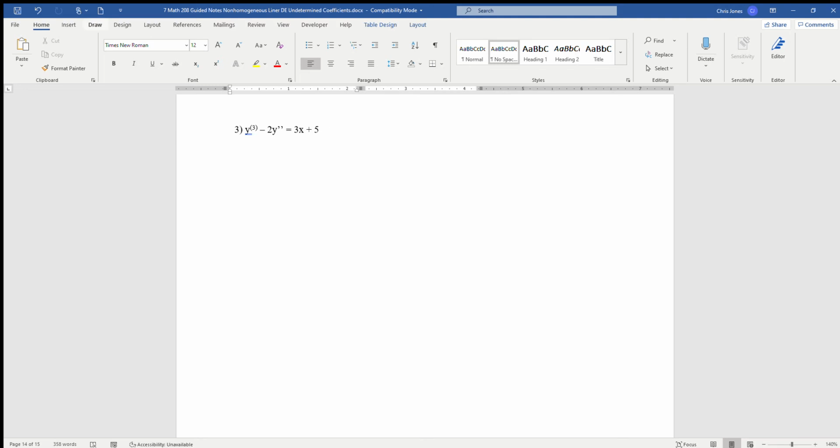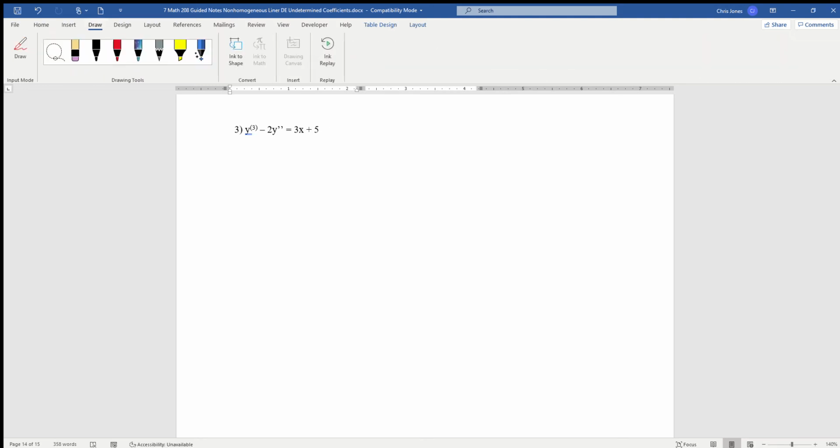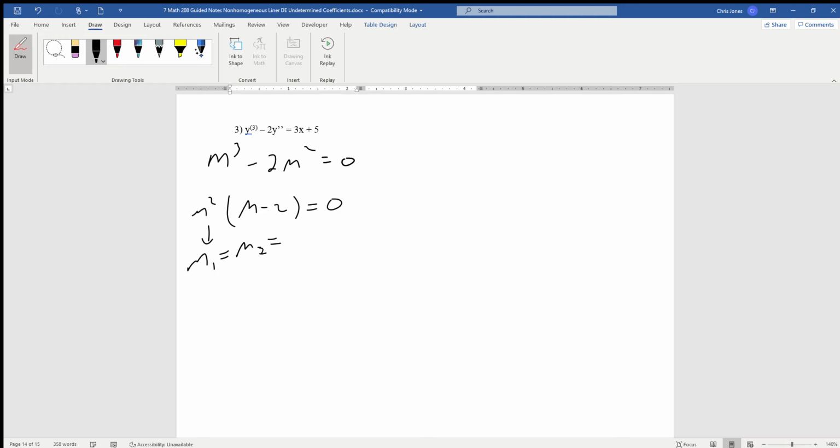So let me show you if you were to do the regular process. We're going to do what we did for the other examples. We start with the characteristic equation: m cubed minus 2m squared equals 0, so m squared times (m minus 2) equals 0. Notice that we get a double root: m1 equals m2 equals 0, and then a third m, which is 2.